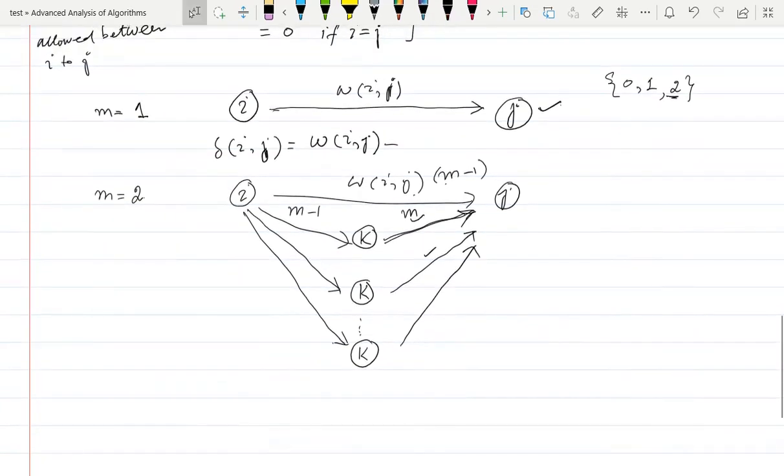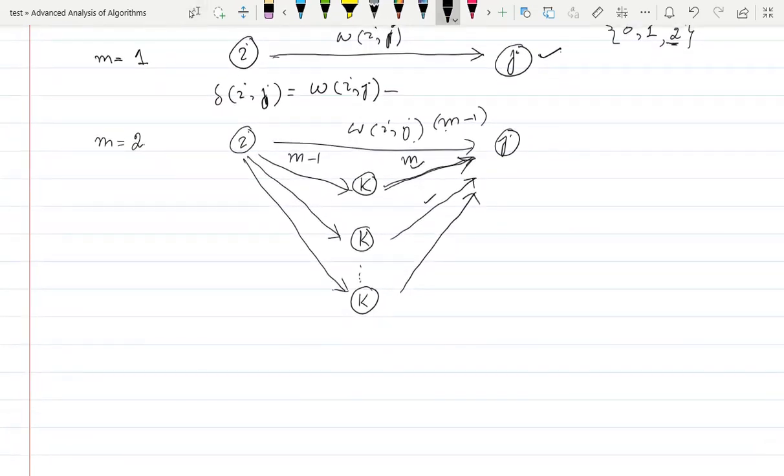So if m becomes 3, whatever is the best we will pick, it can be either this is our old path, or the new path in which we have a detour using some node k. So when m is equal to 3, what will happen? I will have all the possibilities from I to j.